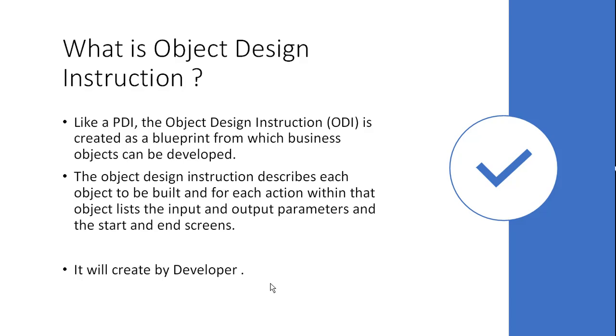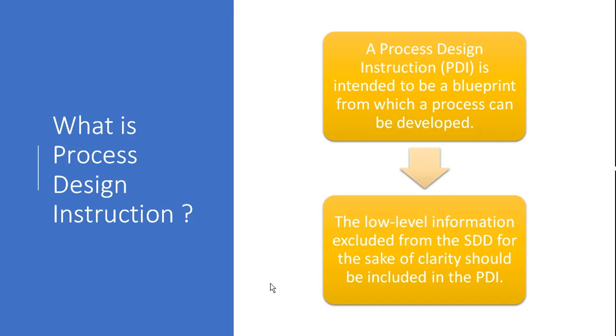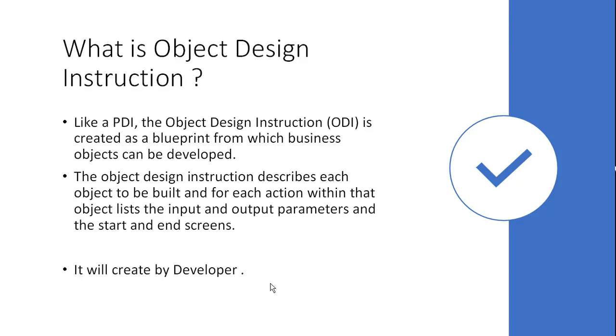The next thing is what is object design instruction. Before that, the process design instruction is created by the business analyst or technical analyst. So what is object design instruction, ODI? This is the next one.